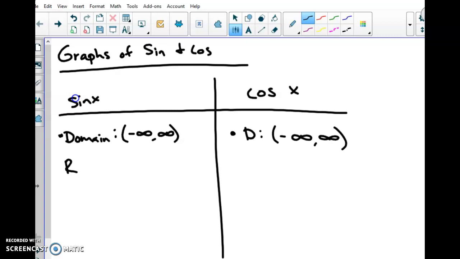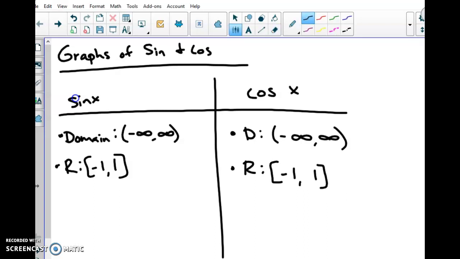The range is a closed bracket from -1 to 1 for both of these functions. Oh, I just put a parenthesis, sorry. One wave, so wavelength equals 2 pi.